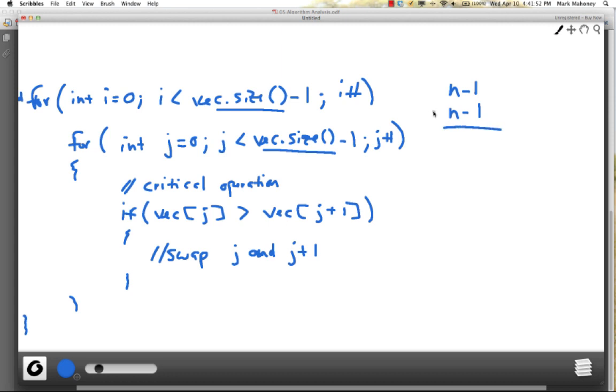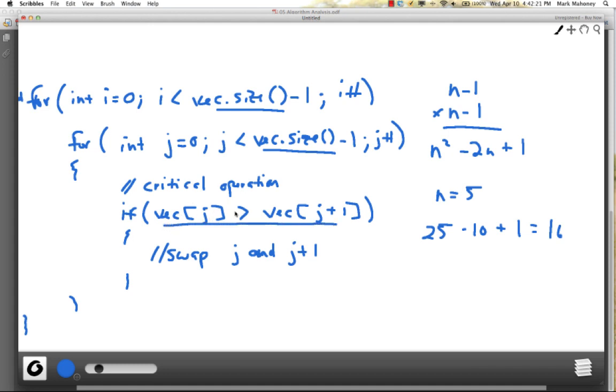Okay, so how many times is this? Well, this is n squared minus 2n plus 1. So when n is equal to 5, we could just plug 5 in here. That'd be 25 minus 10 plus 1, so there would be 16 occurrences of this critical operation.